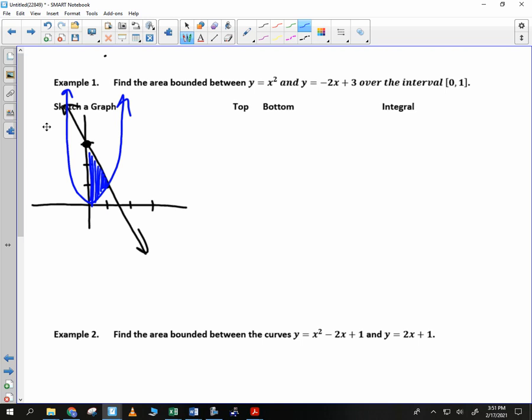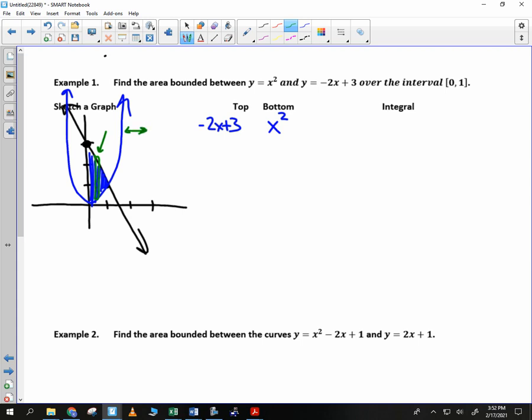And so you can see from that picture that the top function is going to be negative 2x plus 3, and that the bottom function is x squared. Therefore, and this is important as well, if you were to draw that rectangle for the top and the bottom, that rectangle has what we would say is horizontal width.